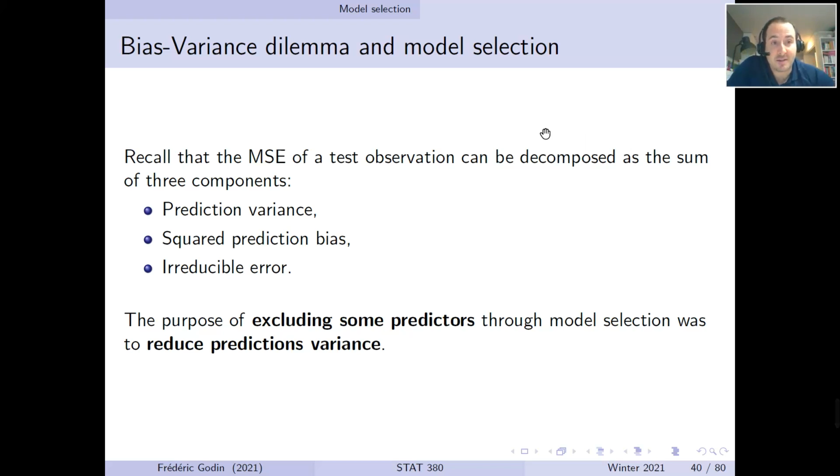So in the previous video, we've discussed feature selection, or selection of explanatory variables. When you have a regression model, early on in this chapter we introduced the linear model.